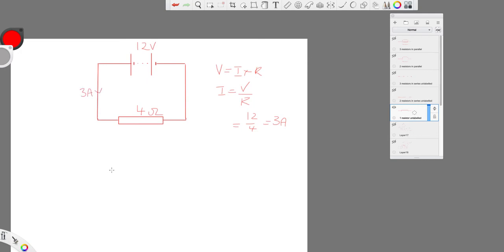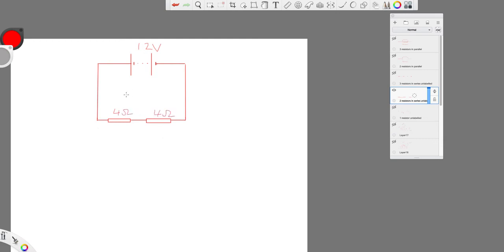What would happen if rather than having 12 and 4, we had 12 volts and 2 4s? Well, now, of course, all of this behaves like it's 8 ohms.